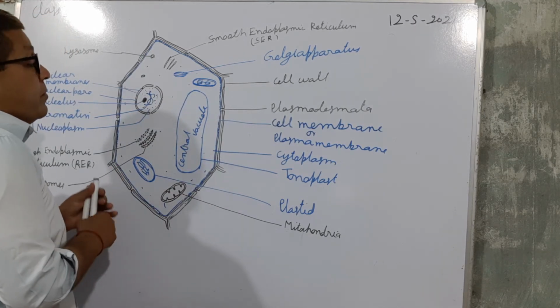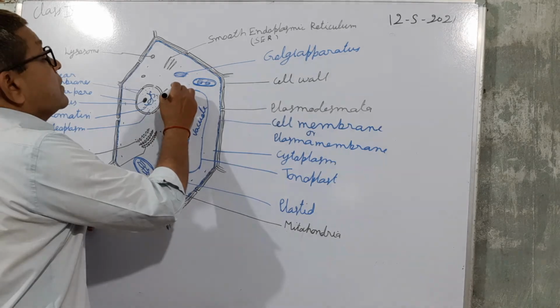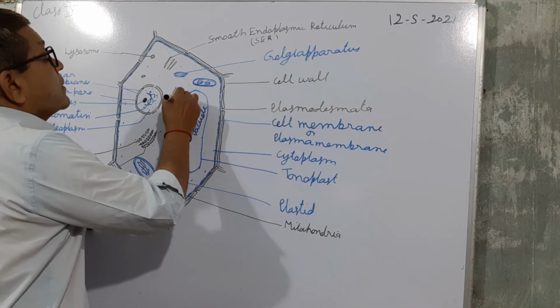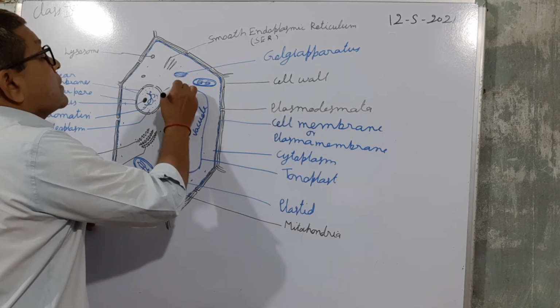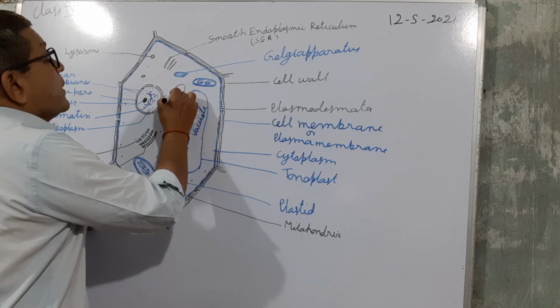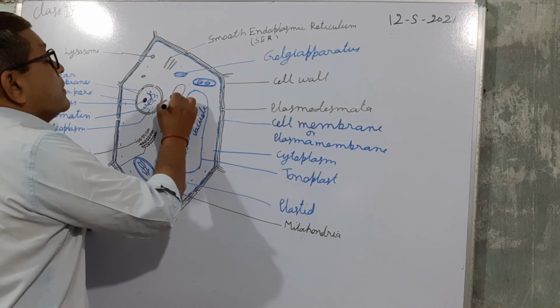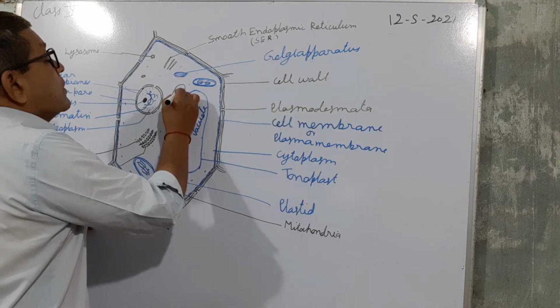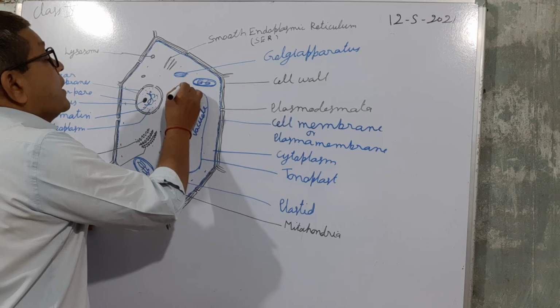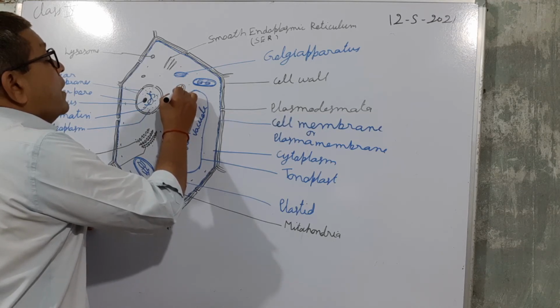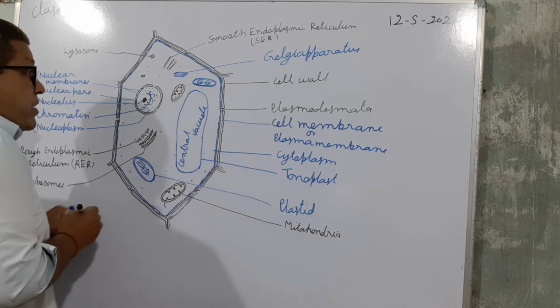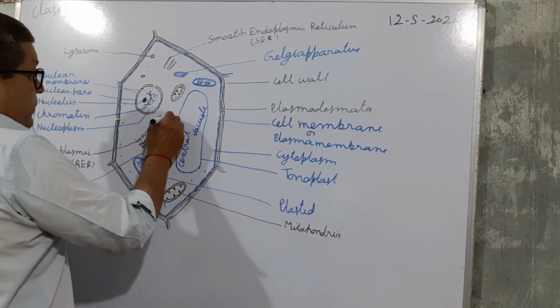We can make another mitochondria. A cell may contain this mitochondria, which is called the powerhouse of the cell and is involved in the production of energy.